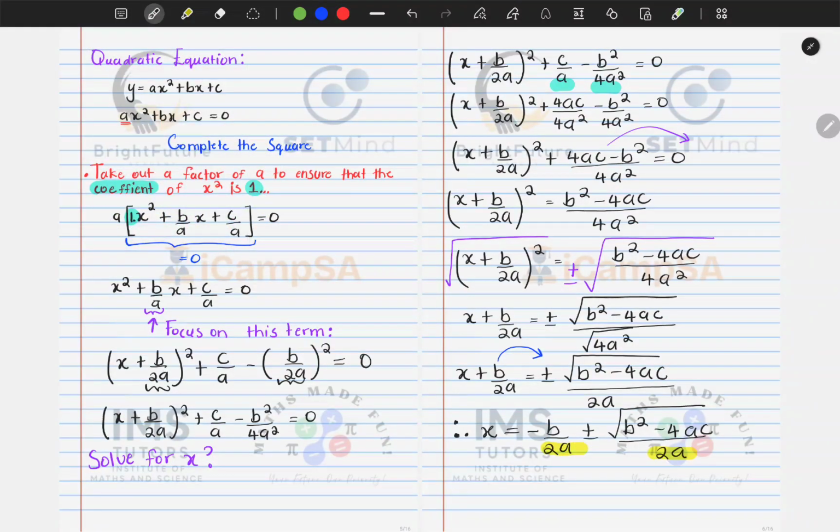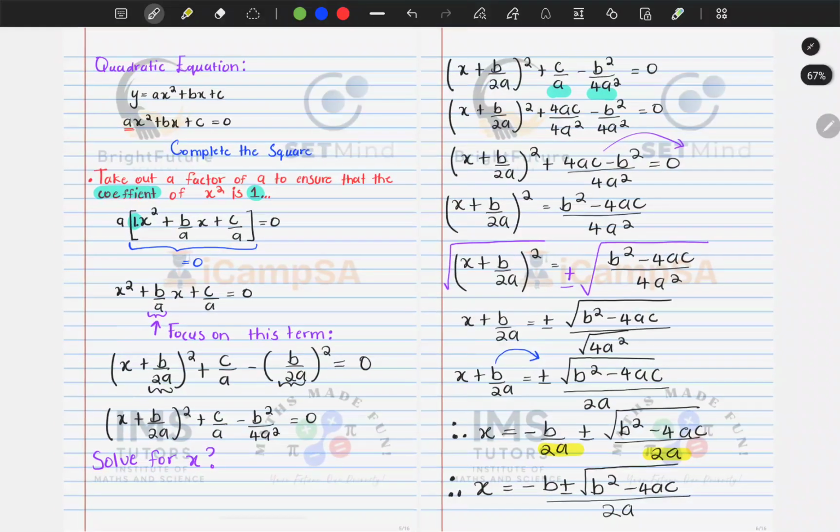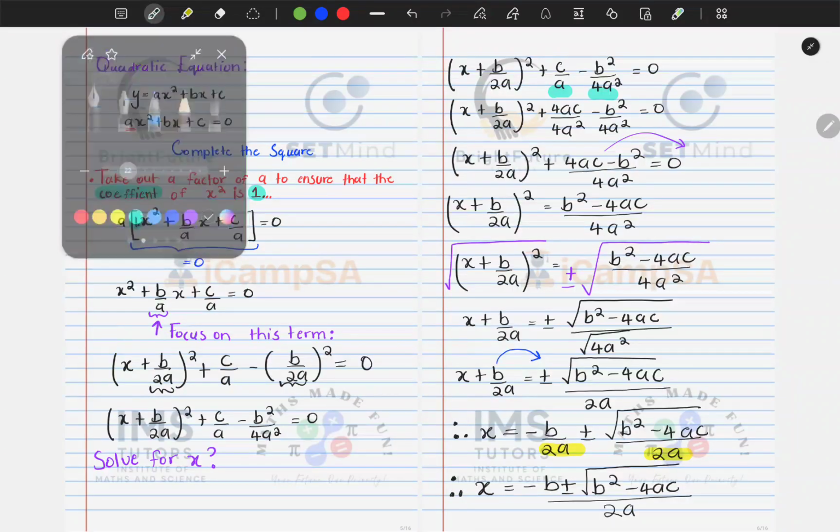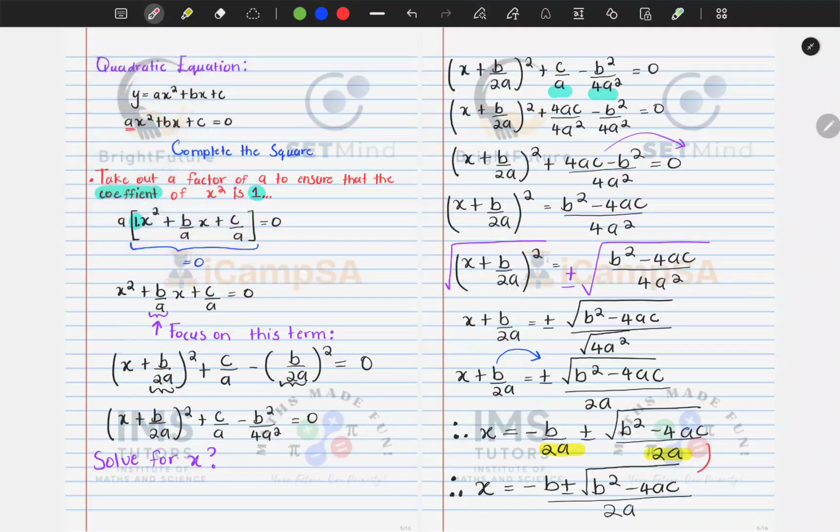So therefore, we can find our answer x by simply collecting those. So we'll end up having negative b plus or minus the square root of b squared minus 4ac, and all of this is divided by 2 times a. This is how you derive your quadratic formula. So what we have now at the end here is what we refer to as our quadratic formula. Let's make some space.